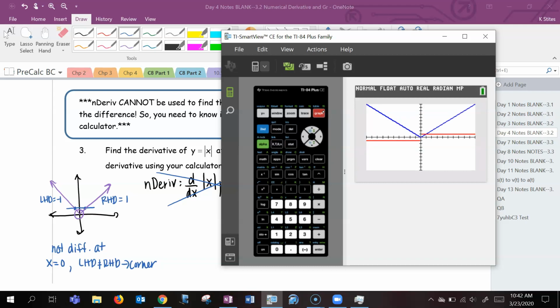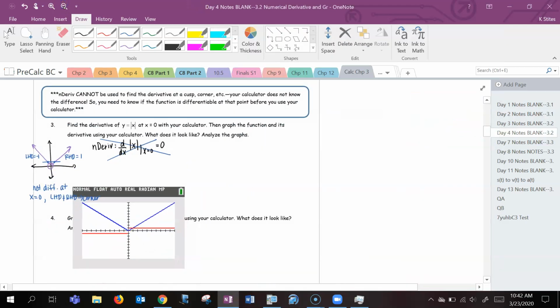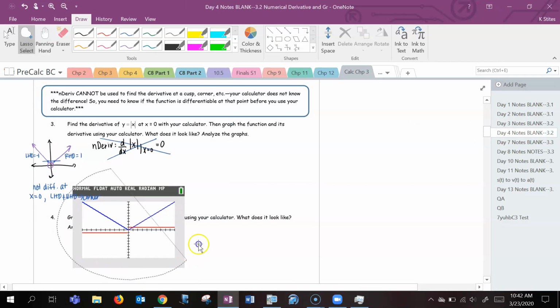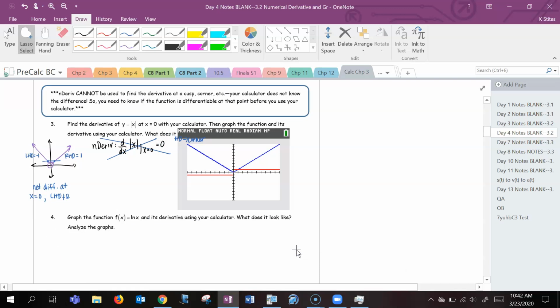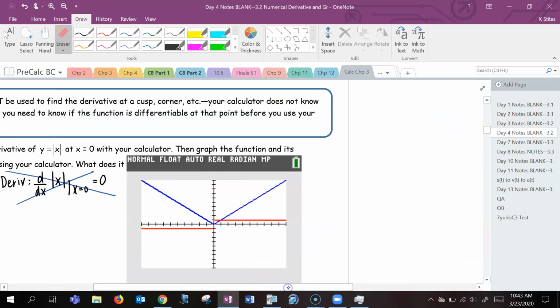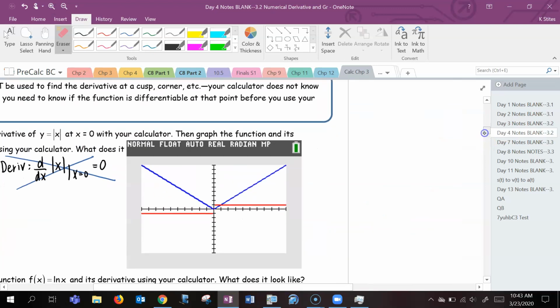All right, cool. Go ahead and draw that. Did it work? Okay. And let's talk about what that actually means. Basically what this is telling you is that as x is greater than 0, your slope is constant at a positive 1, and as x is less than 0 of the function, the slope is constant at negative 1.